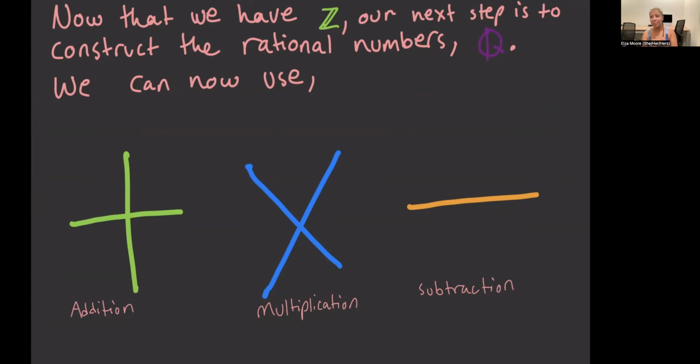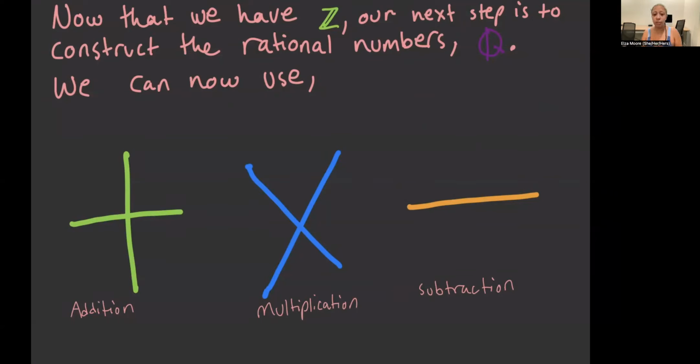Now we have all of Z, because Z is the natural numbers, which in this talk we're assuming include 0, and all of the negative numbers. So now we have the negative numbers.